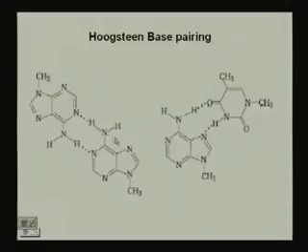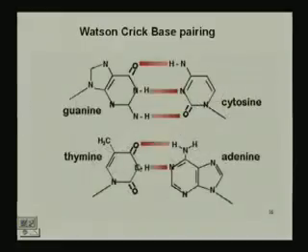pairing, this is between what? This is between the 6-membered ring here and the 6-membered ring here. And in this case, when we look at the A, this is between what? 2 A's or 2 purines. When we look at a normal Hoogsteen base pairing, the difference from the Watson-Crick pairing is, let us look at the Watson-Crick pairing.